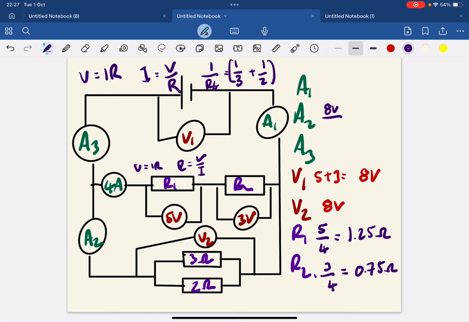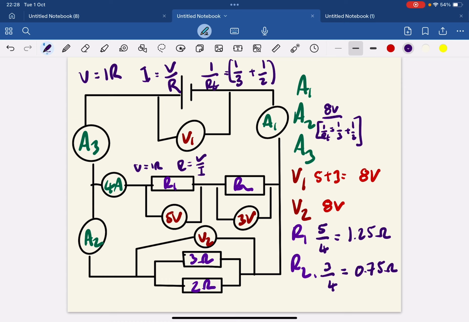And our answer, if we are correct, must be lower than our lowest resistor in this scenario. So it's 8 volts divided by the resistance here. So 1 divided by RT, which is equal to 1 divided by 3 plus 1 divided by 2.